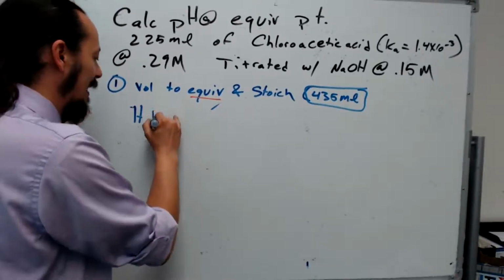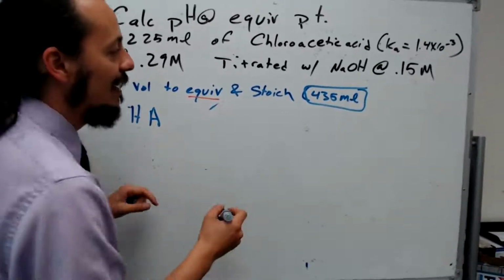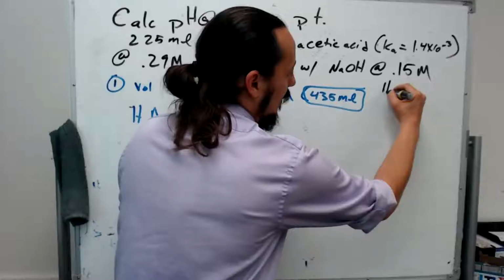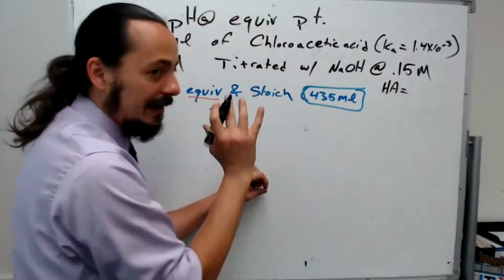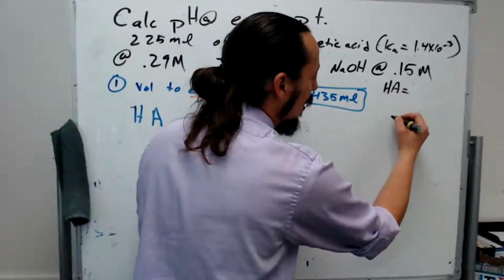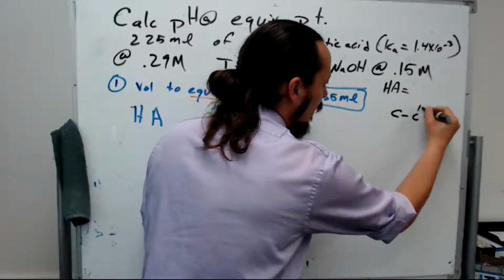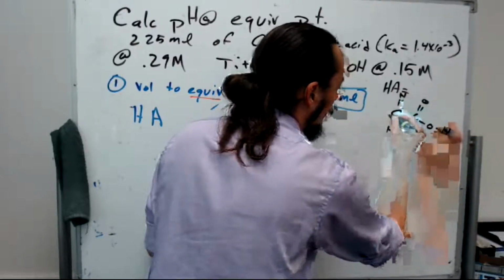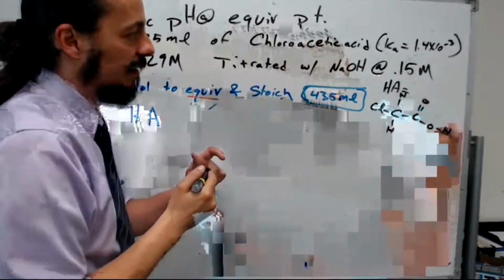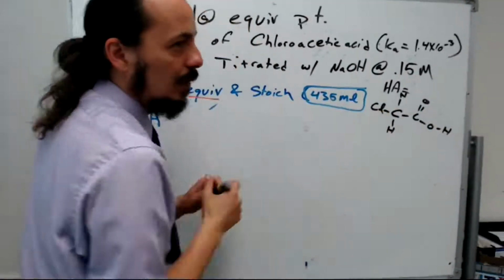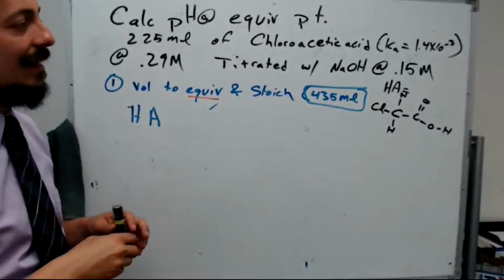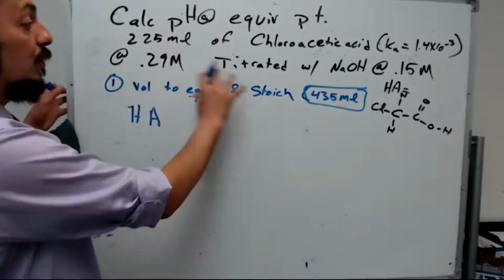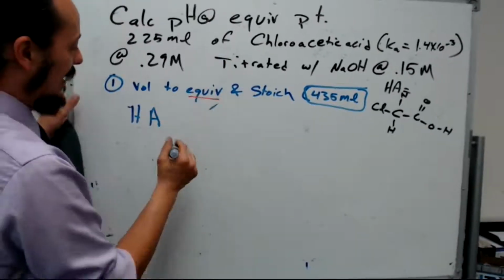Let's just call it HA. Right, we can use HA. We should define our shortcuts when we use them. For this problem, HA is acetic acid with one of the protons replaced by a chlorine. That's what we mean when we say HA for this problem. So doing our stoichiometry, we're going to react the acid with the base.